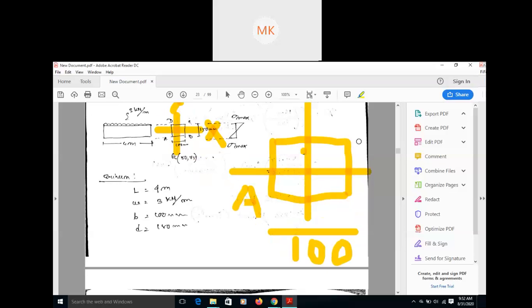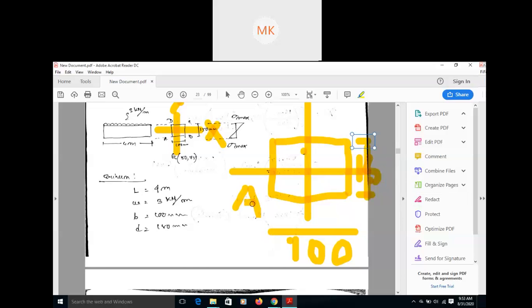So on this side also we know, and on this side this is 150. Okay, I think all of you have understood these things. So this dimension and this dimension is given as 100 and this side 150.